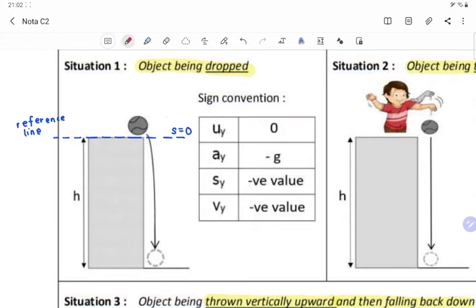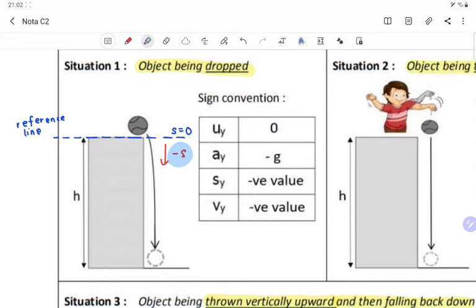So, if the object, dia naik ke atas, tinggi daripada reference line, s kita adalah positif. Bila dia turun ke bawah, s kita adalah negatif. So, in this situation, apabila objek tu dijatuhkan, dia bergerak bawah daripada reference line. So, kita punya s akan nilai negatif.